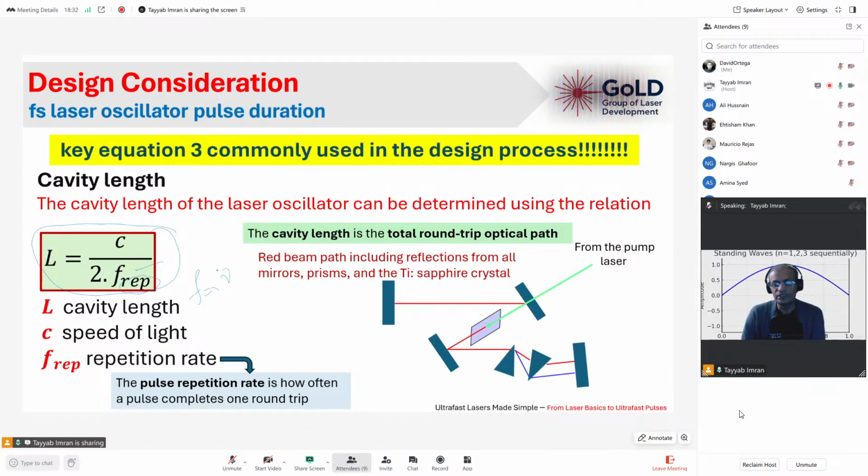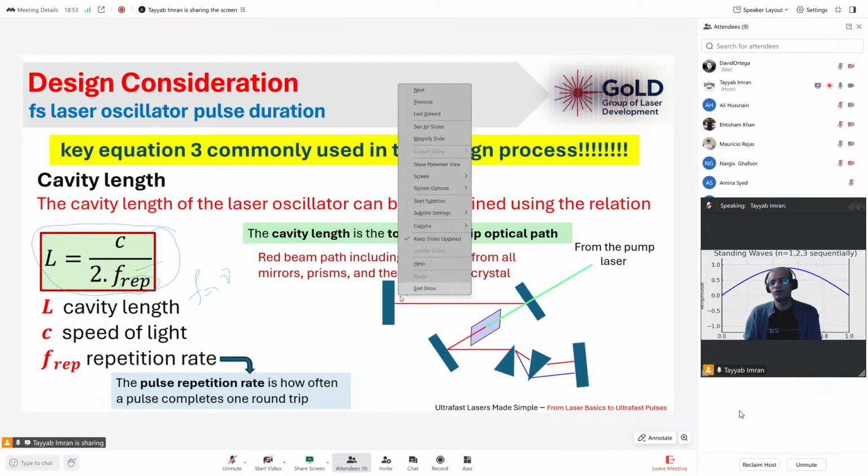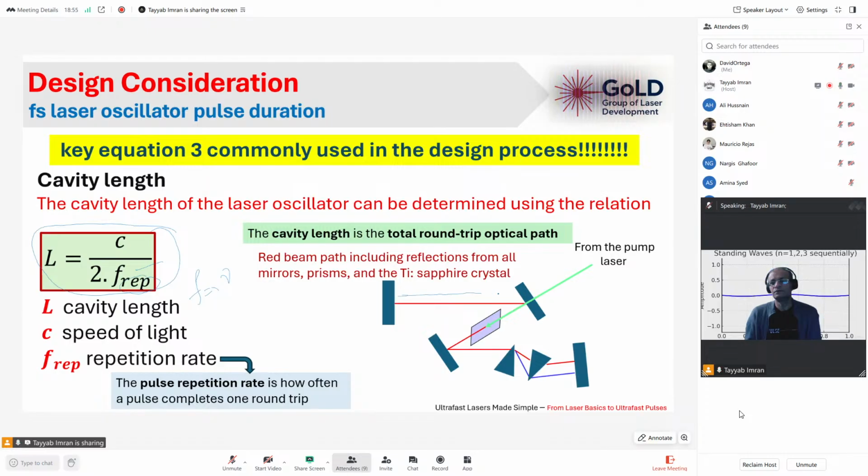Now on the right side, this is the typical configuration of the femtosecond oscillator, which I explained in the last lecture. You people can go back and see. Starting from here, and here, and here, all the way, this is the total length of the cavity.